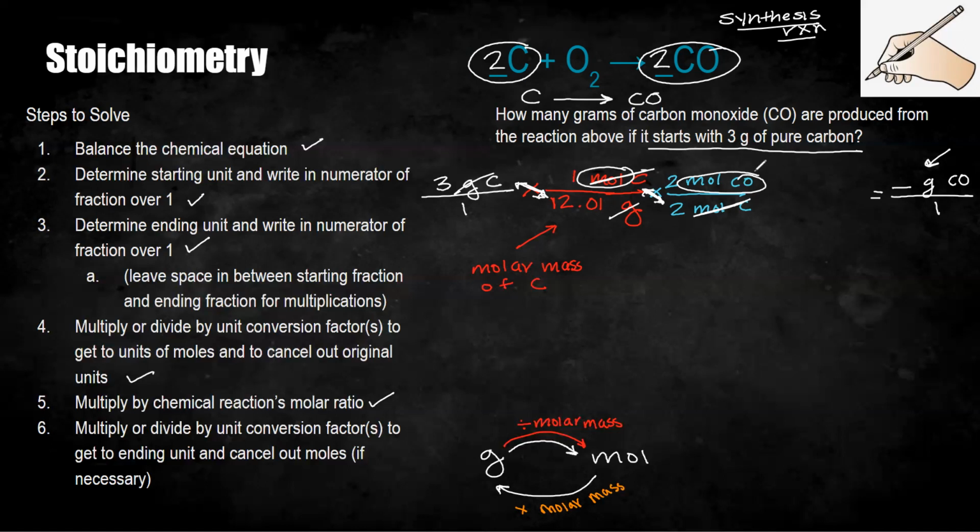So instead of using carbon's molar mass, I'm actually going to use carbon monoxide's molar mass, because I am now in units of moles of carbon monoxide. I'm going to multiply by carbon monoxide's molar mass.